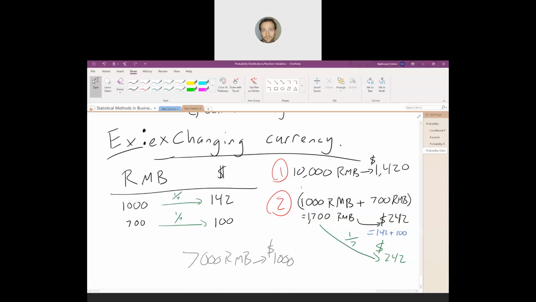So here you're taking some number of renminbi and you're turning it into dollars. You can think about it like adding them together after you've converted, or you can think about adding them together and then scaling them.